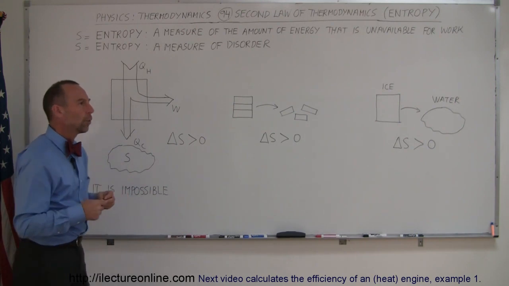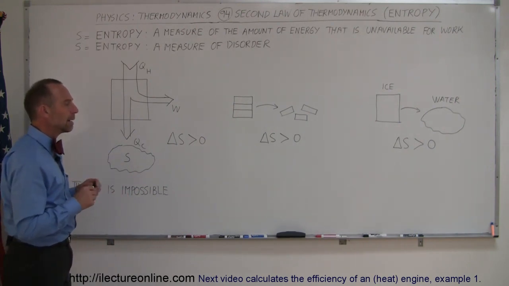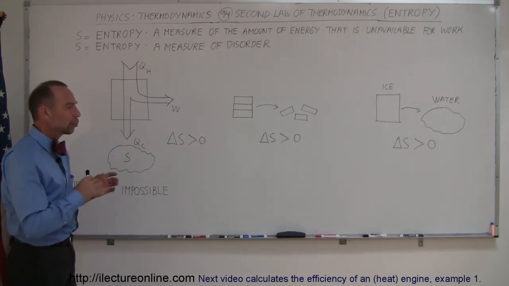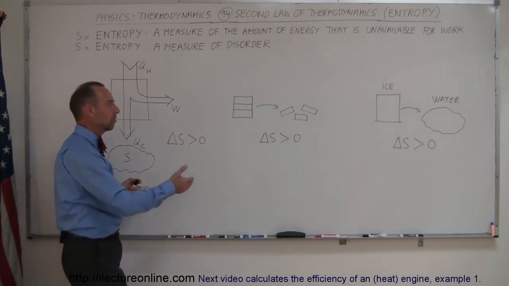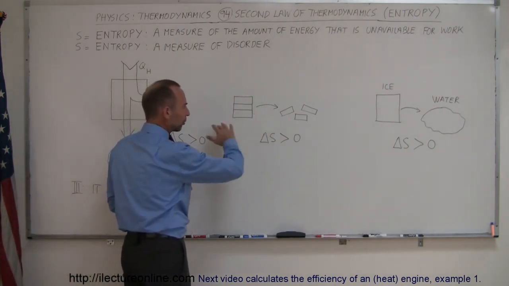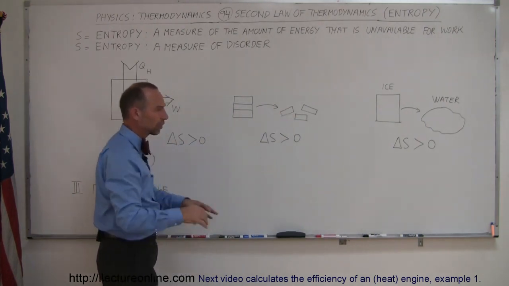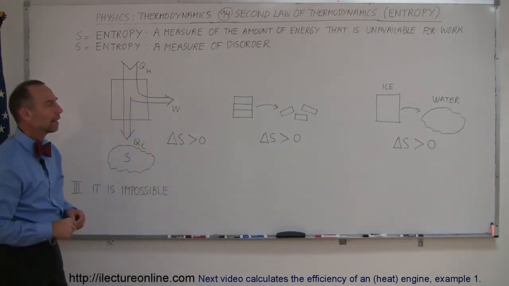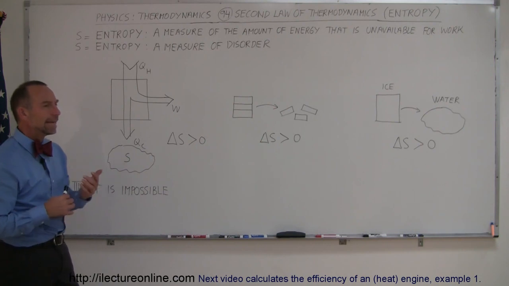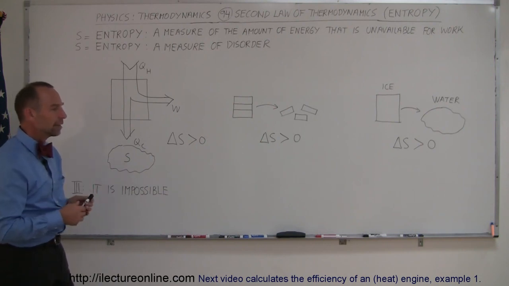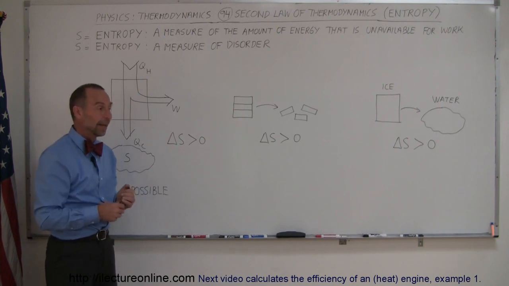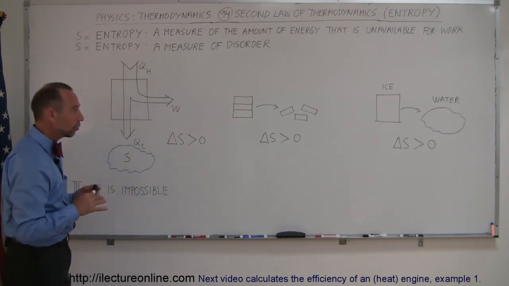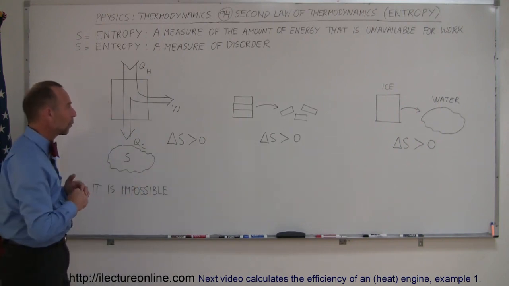And so whenever a thermodynamic process occurs, or in some cases we can look at, let's say, a stack of bricks being pushed to the side where they just fall into a rough pile, we can say that in any process like that, the amount of available energy to work decreases. Let's take a closer look at each of these three examples and see how that works.